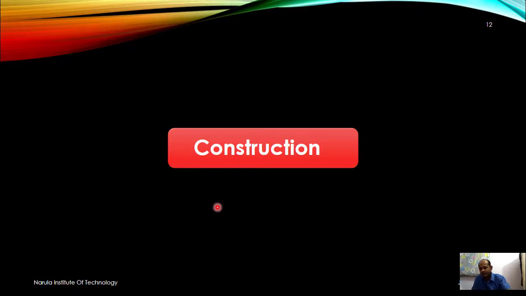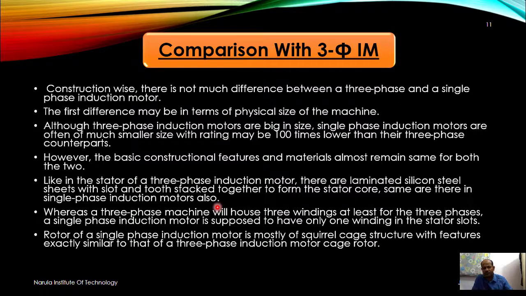Now when a polyphase supply is given to this three-phase induction motor whose windings are 120 degrees apart, it will produce a rotating magnetic field, right?